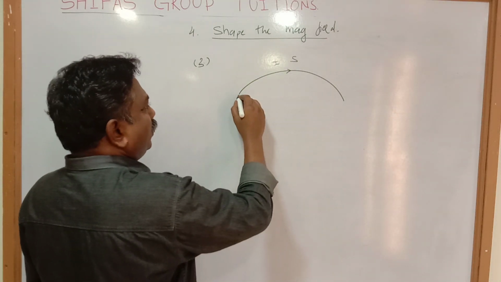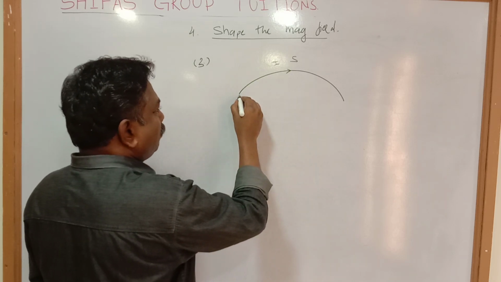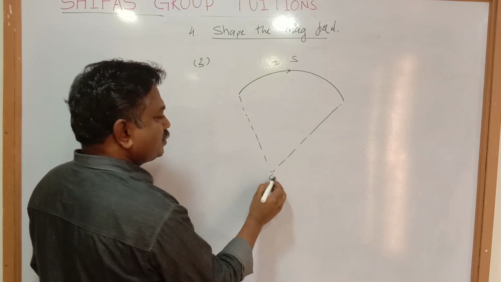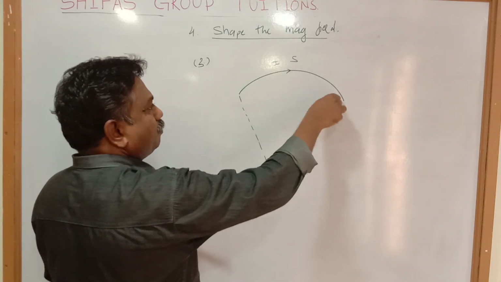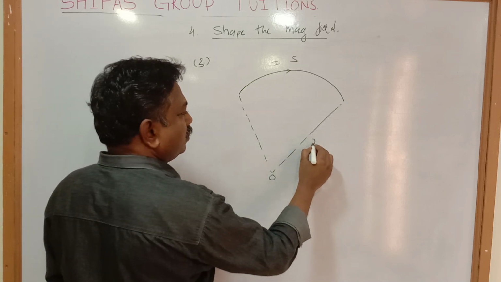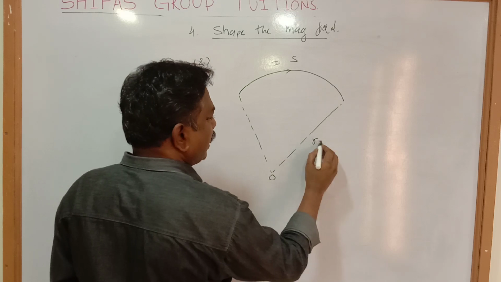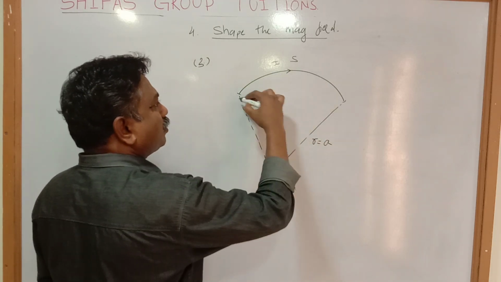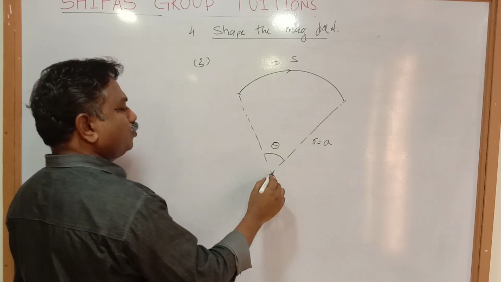If this is the arc of the circle with center O, then because this is part of a circle, naturally it has some radius R as well as the center O. But in our formula we are taking this R as A.